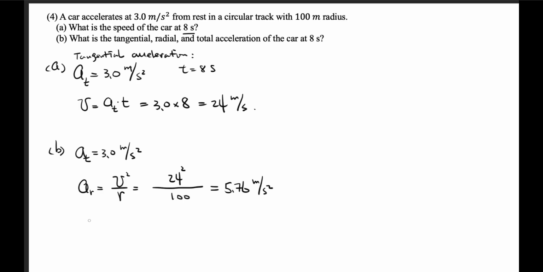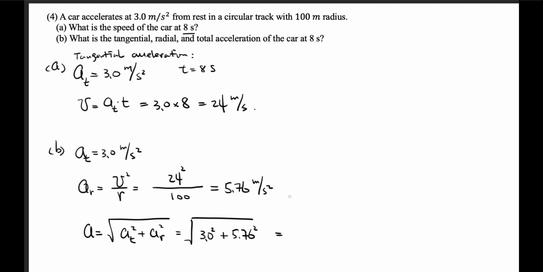Now the total acceleration is the summation of the two. So its magnitude is the square root of a_t squared plus a_r squared. For a_t we have 3. For a_r we have 5.76 squared. And that equals 6.5 meters per square second.